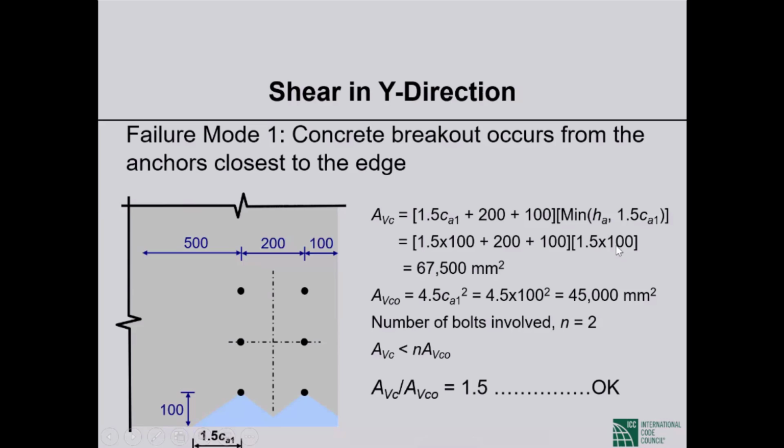So we get an A sub BC of 67,500 square millimeters. This is the calculated value, what breaks out on that surface. A sub B0 is 4.5 times C sub A1 squared, and for 100 millimeters of C sub A1 that is 45,000 square millimeters. Number of bolts involved is 2. There is a stipulation that A sub BC cannot be any larger than n times A sub B0. That did not happen, so we are okay.